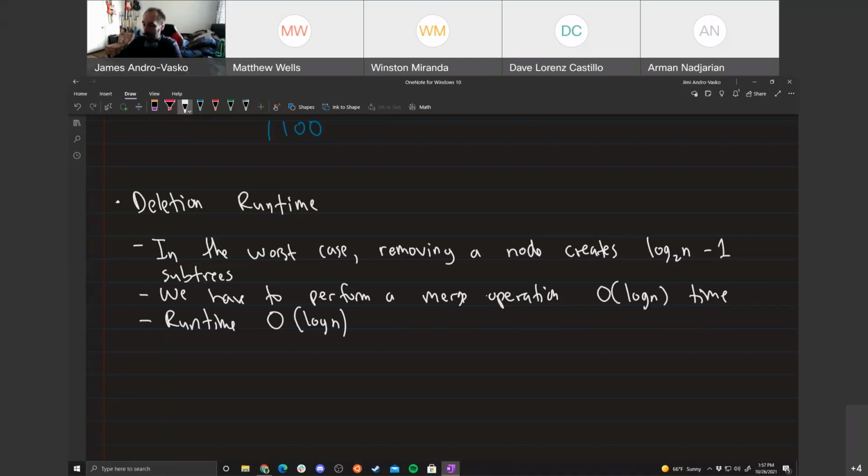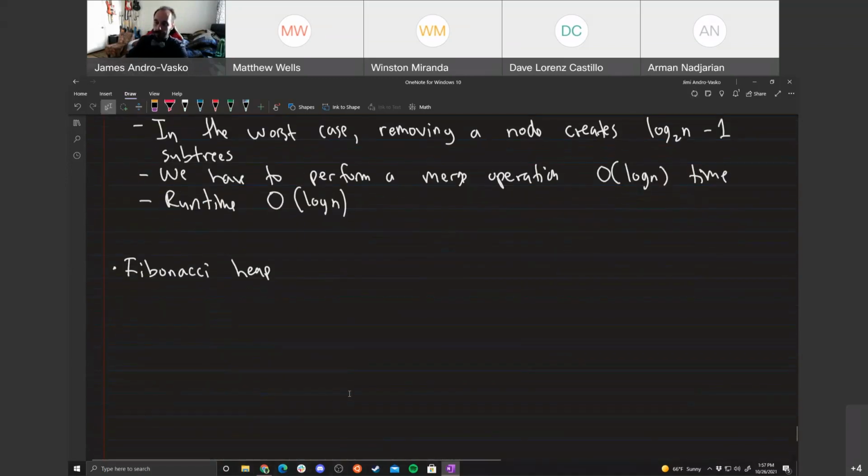Now, the next thing I want to cover, just very briefly, is a Fibonacci heap just a little bit. I'm not going to really go too much into detail with this. What this is essentially going to be is just a lazy binomial heap.